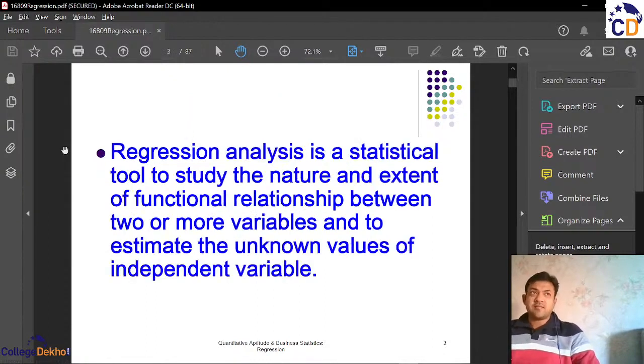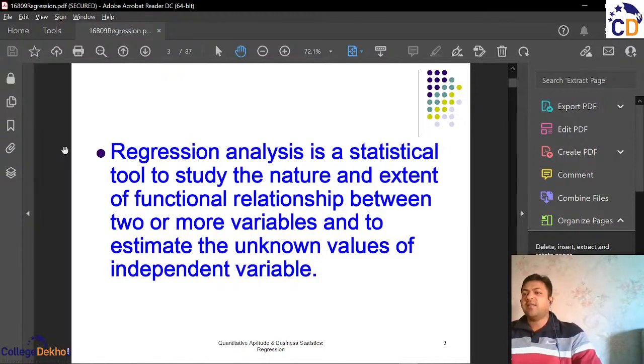Regression analysis is the statistical tool for the study of the nature and the extent of the functional relationship between two or more variables, and it is used to estimate the unknown values of the dependent variable given the value of the independent variable.